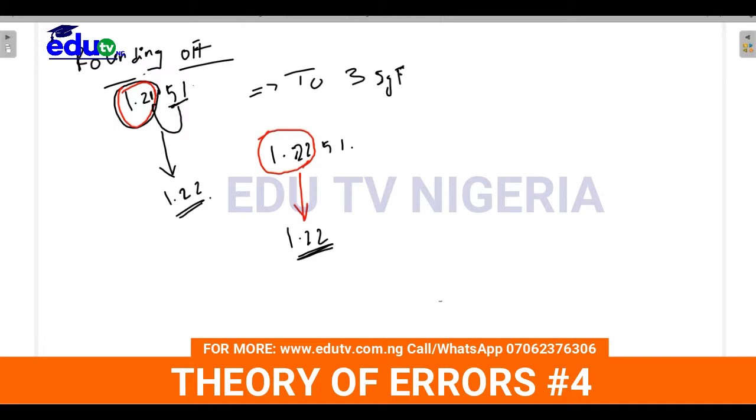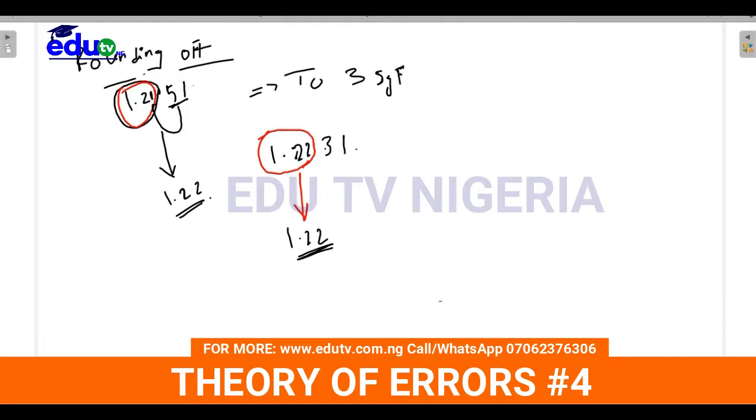And also, let's say we have a digit a little less than 5. Let's say we have 4, we still give the same thing. If you have 3, you get the same thing. So if it's less than 5, you get the same thing.